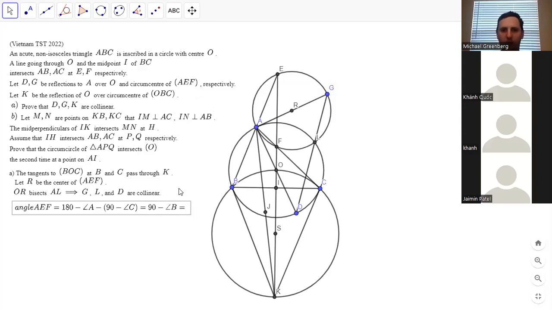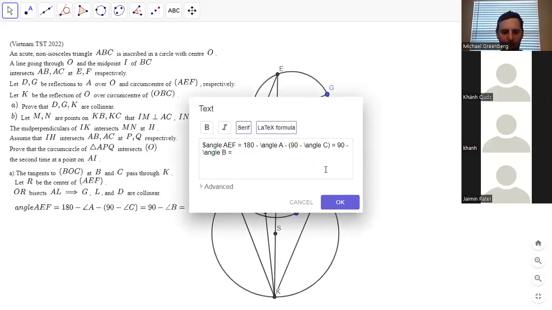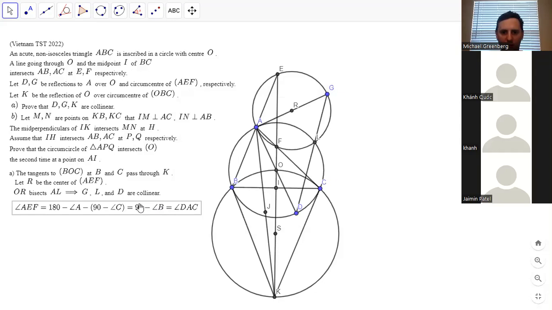And that's angle DAC. All right. So AD is tangent to the circle AEF.